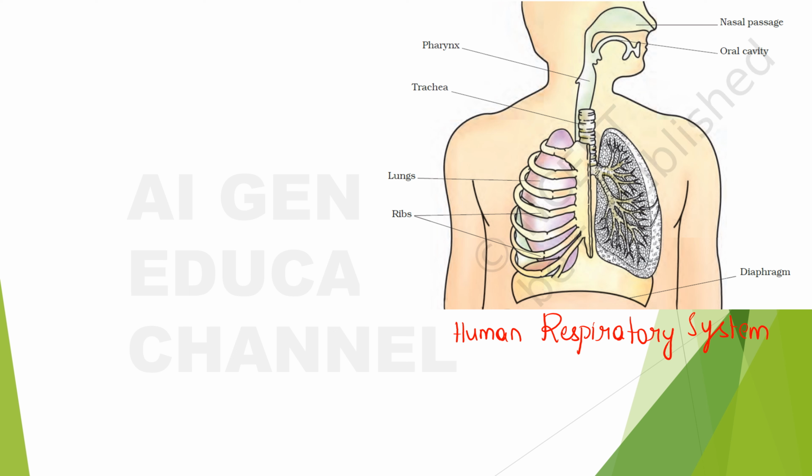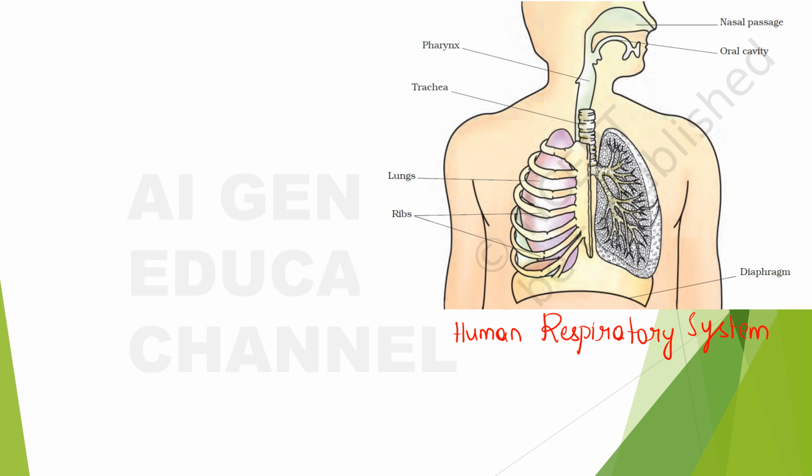So the respiratory system consists of nostrils, and the air we take in will be through the nostrils, and the air passes through the nasal passage into the pharynx, and then you will have the larynx and then the trachea, and then through the bronchus, the left main bronchus and right main bronchus, the air will enter the lungs, right?